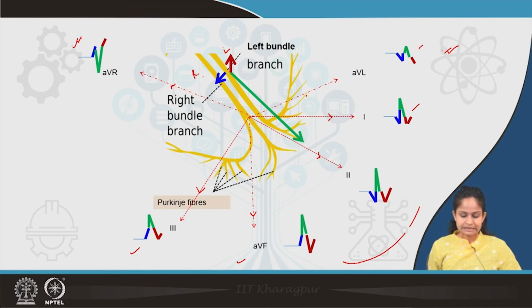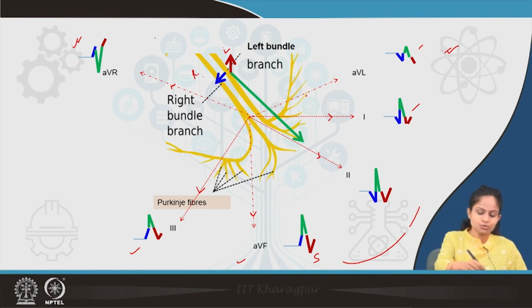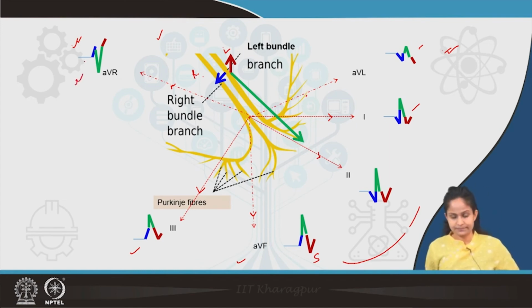Now, the last depolarization is the basal portion depolarization. Obviously, the leads which are present inferiorly will give the negative waves, that is the S wave, whereas the leads which are present towards the wave of depolarization of the basal portion of the heart will give the positive deflection, which is usually seen in the case of AVR.